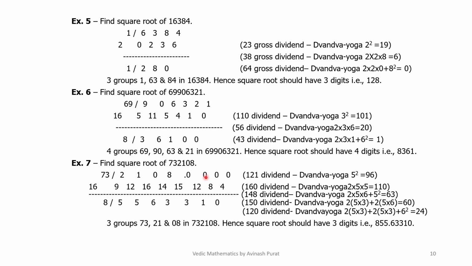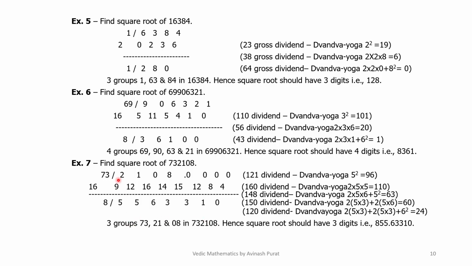Now 120 is the dividend. Dvandva Yoga is 2 into 5 into 3 plus 2 into 5 into 3 plus 6 square. So 30 plus 30, 60, plus 36, 96. 120 minus 96 is 24. 24 divided by 16 is 1 as quotient, and 8 is the remainder.